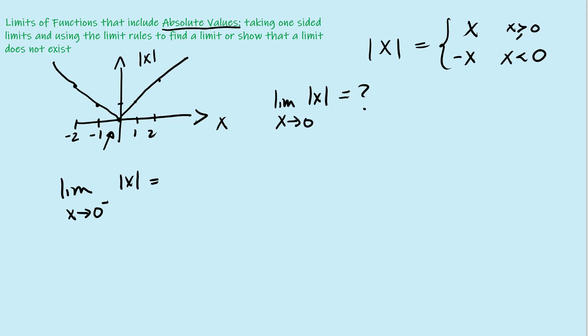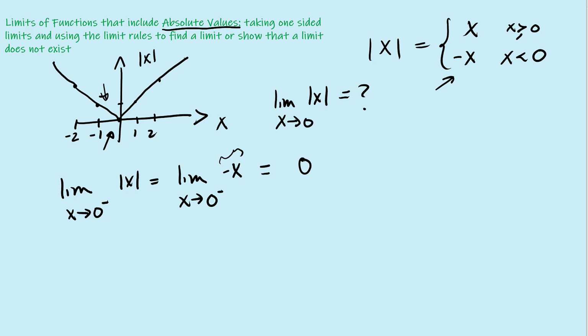Well, for negative numbers, remember, absolute value is just minus x, or negative x. So we're looking at the limit as x goes to 0 from the negative numbers of just negative x, because for x less than 0, that is the value of the function, and this is an easy function to take a limit for, right? It's a simple function. We're going to 0, so it just is equal to 0.